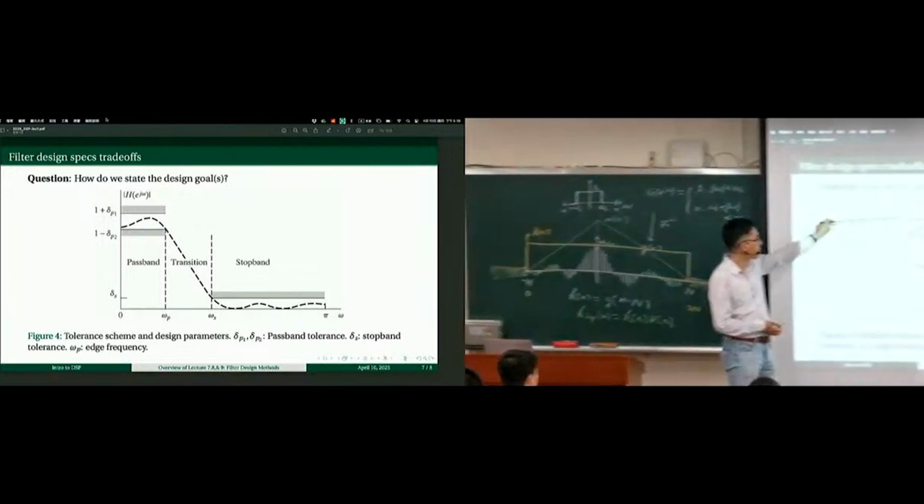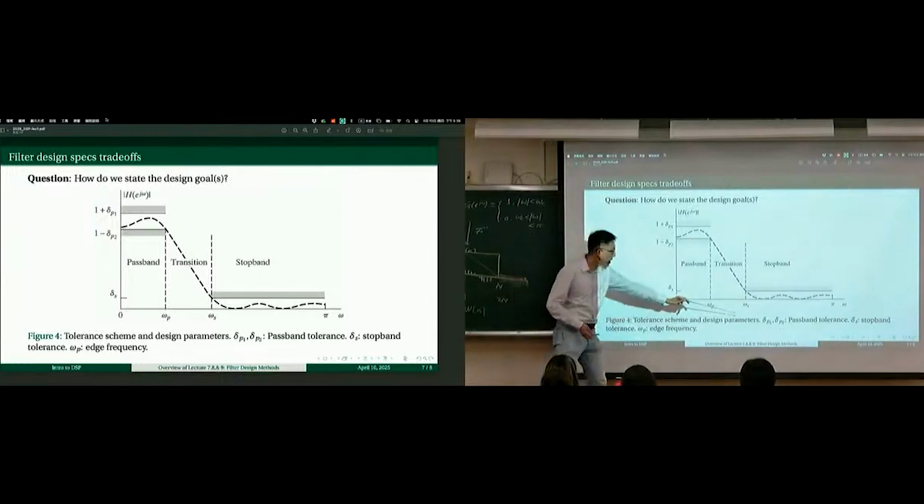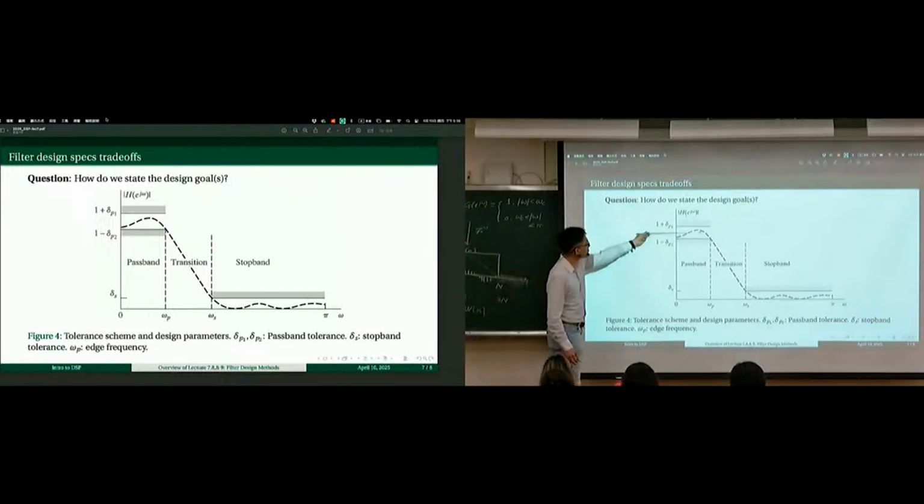So that's the tolerance we're talking about. Delta P1 and delta P2 are called the pass band tolerance. If the gain is within this interval, then we say, okay, that's fine. You've satisfied my specification, I'll accept it. That's called the tolerance.